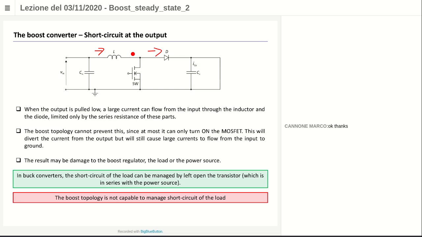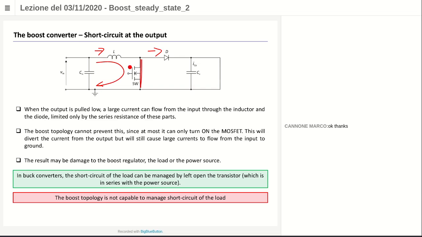Can you, for example, close the switch to make the situation better? No, because if you close the switch when you understand that there is a short at the output, the only thing you have is something with very small resistance in place of the switch. So the current, which is large, now flows here.